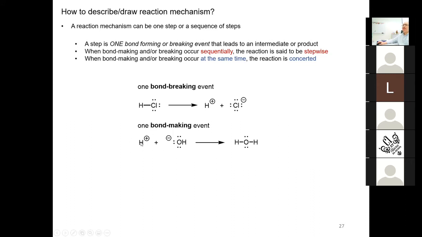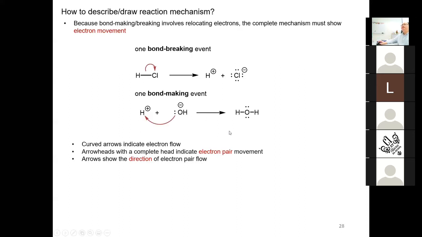The same, simple reactions. If a proton reacts with a hydroxide anion, it becomes water. A bond forms between the proton and the hydroxide anion. That's one bond making event. So how do we draw this? We know the net result is the bond breaks, but how does that happen?